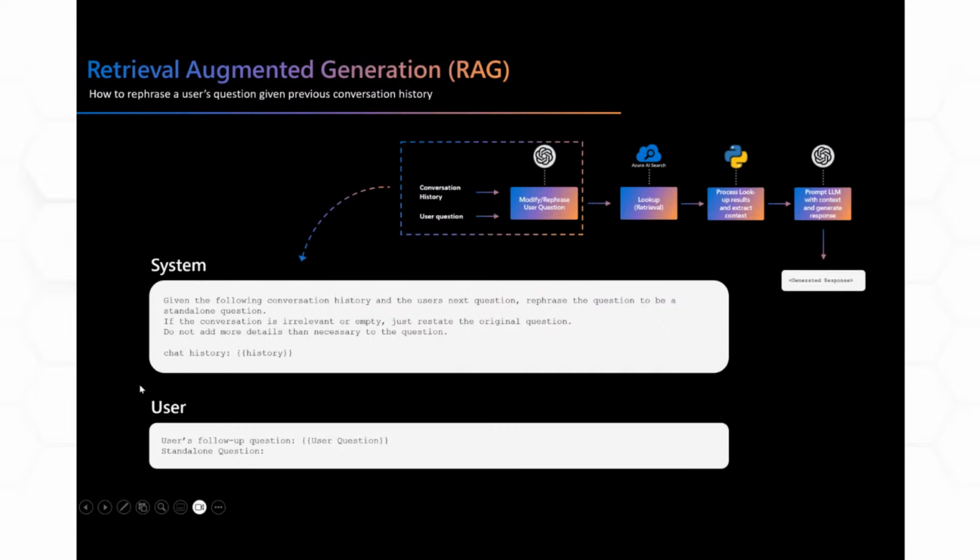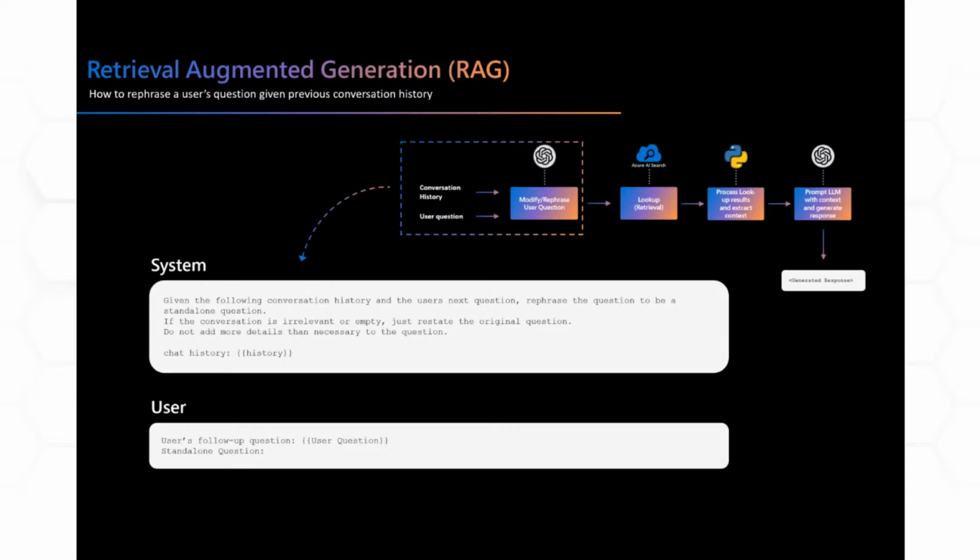And how do you rephrase a user's question given the previous context history? Well, let's zoom into that a bit. It would look something like this. This would be the actual system prompt. Given the following conversation history and the user's next question, rephrase the question to be a standalone question. If the conversation is irrelevant or empty, just restate the original question.